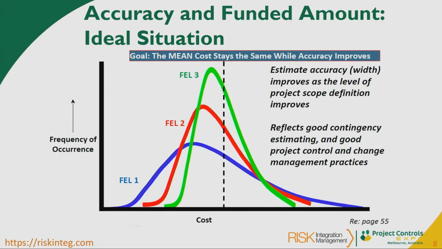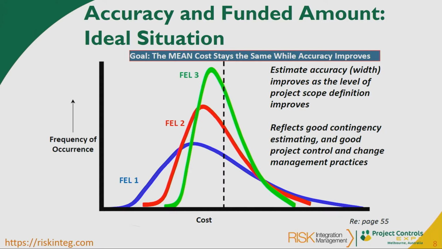Okay, so the ideal situation is that as you develop the project, you're increasing the understanding of it. The blue curve is the FEL 1, the red one is the FEL 2, and the green one is the FEL 3, so that the contingent value for the project doesn't change.